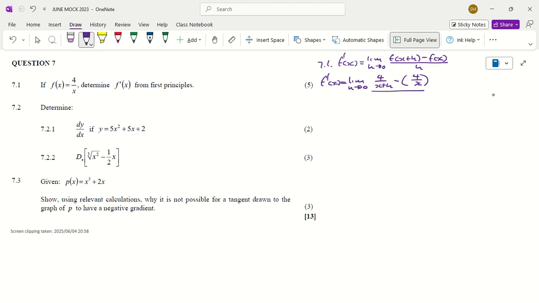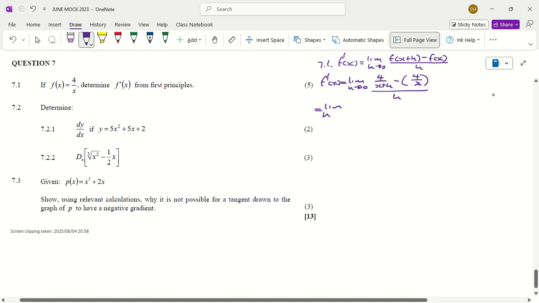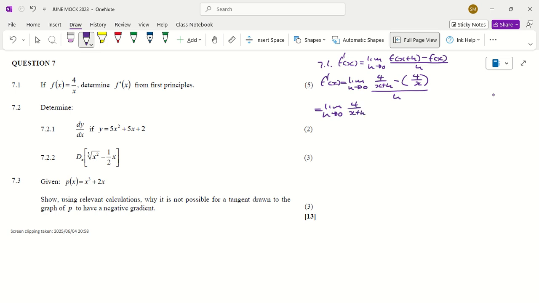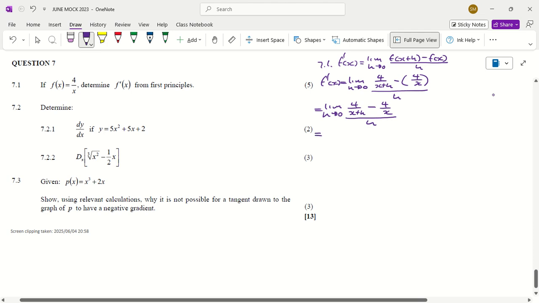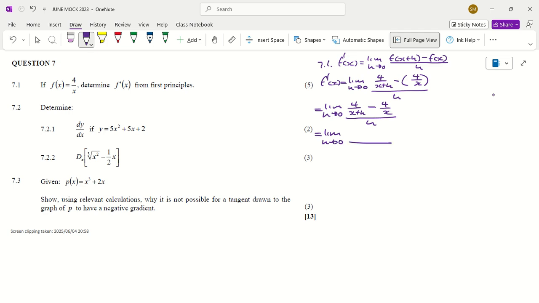And then this is divided by h, so the limit of h approaching 0 is 4 over x plus h minus 4 over x, all over h.